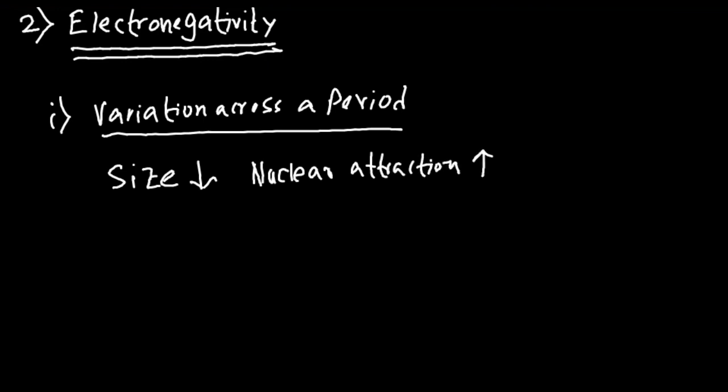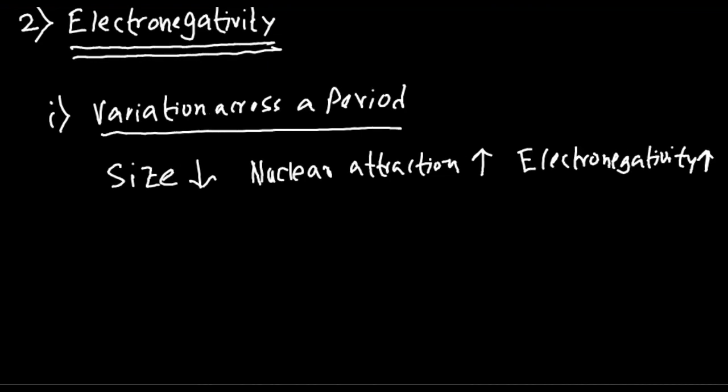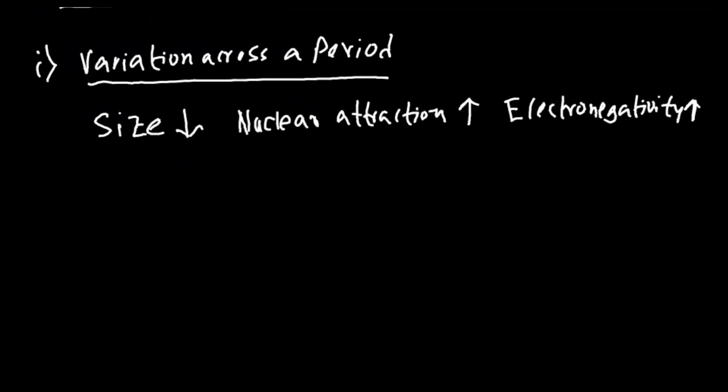That means the outer electrons will face a very high amount of pull by the nucleus towards itself, and that will increase their electronegativity. So the electronegativity will also increase across the period, because the outer electron experiences a greater amount of pull by the nucleus, and hence their electronegativities are very high.